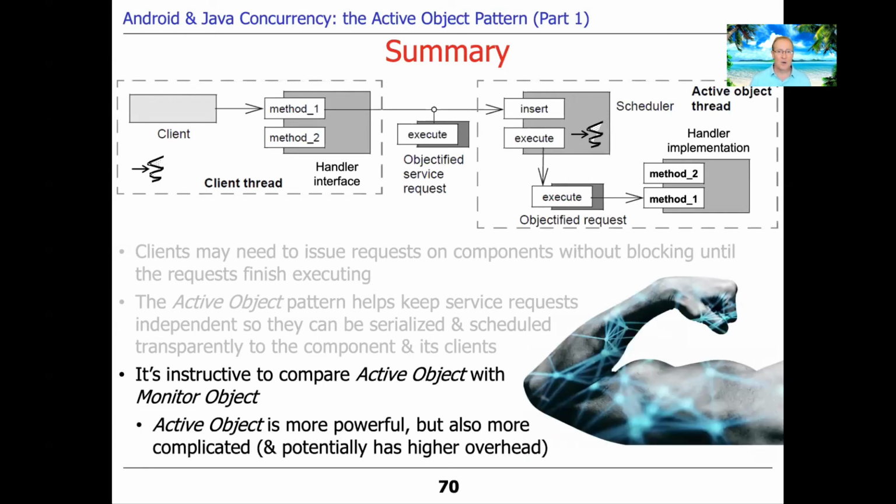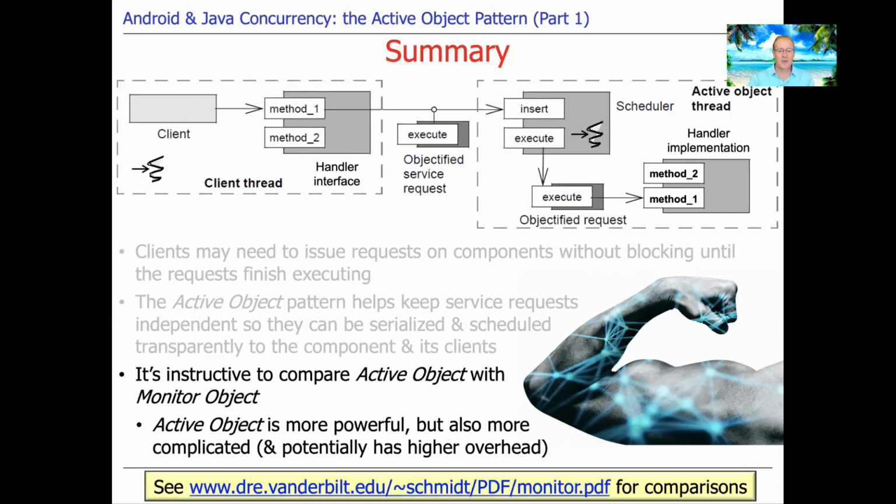As a general rule of thumb, active object is more powerful, but it's also more complicated to implement, not really more complicated to use, and potentially has a bit higher overhead because there's more context switching and more ceremony going into an active object than going into the monitor object. But again, these are really nice patterns to understand and then be able to compare and contrast which ones to use under different circumstances. You can take a look at this paper here, or at the POSA 2 book for that matter, to find a comparison and a contrast between active object and monitor object.